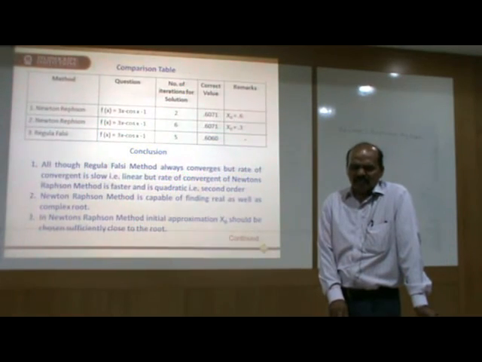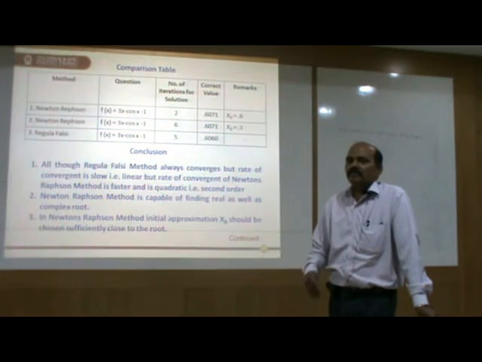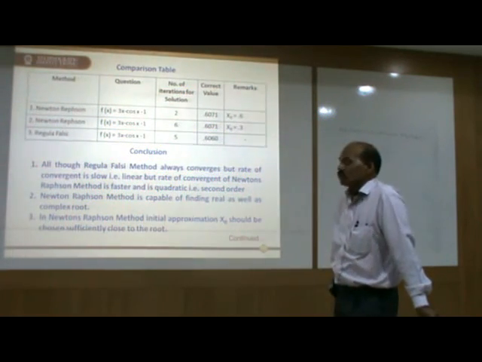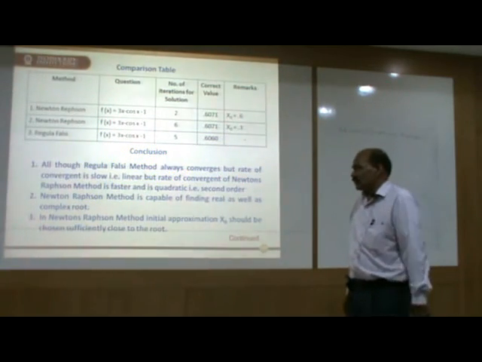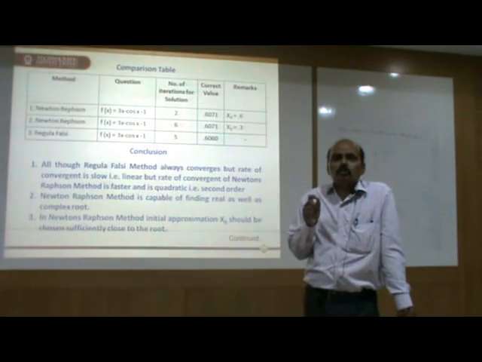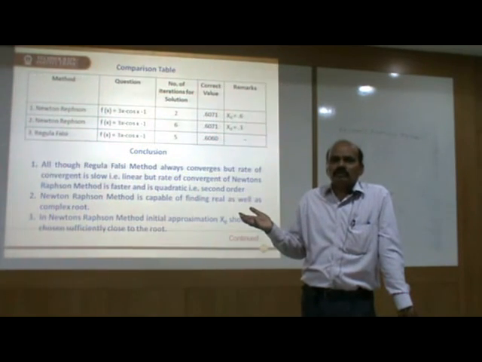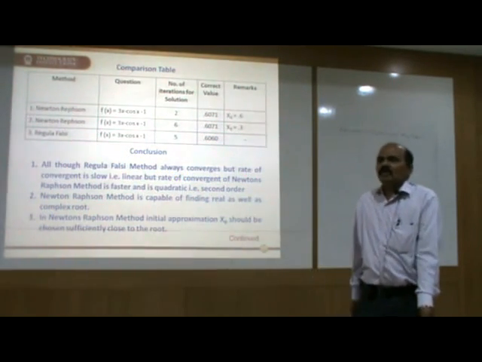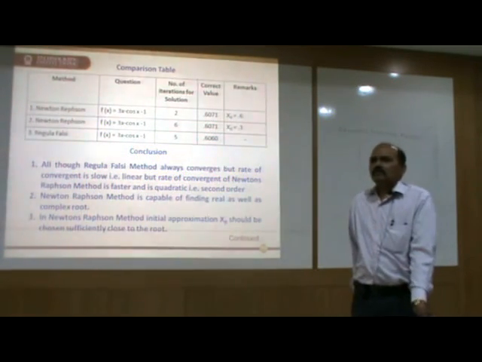Although the regula falsi method always converges to the solution, its rate of convergence is slow. Another point I would like to mention is that in Newton's Raphson method, the initial approximation x0 should be chosen sufficiently close to the root so that it converges more rapidly to the solution. And in regula falsi method, nothing of this type is required.